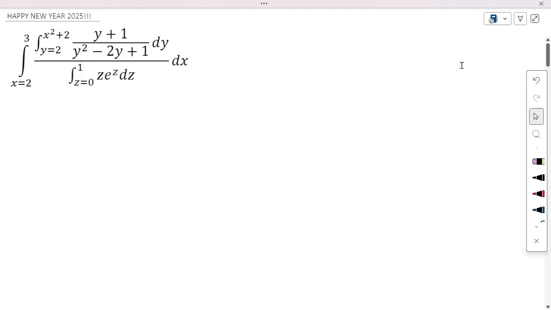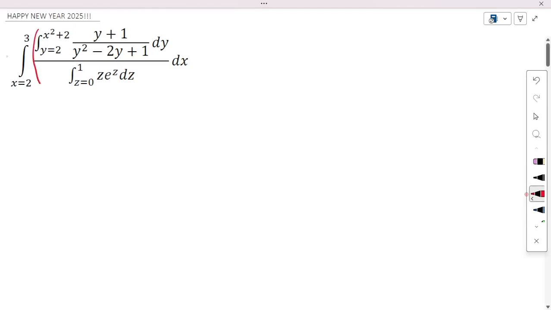Okay, so let's get started with this question. Well, it looks very intimidating, eh? It is intimidating, and it is pretty annoying, right? And it's a definite integral. It's actually a multivariable calculus question, but we can kind of manipulate this one, and I'm going to show you what we're going to be doing.